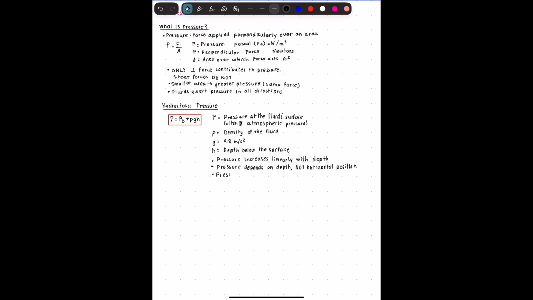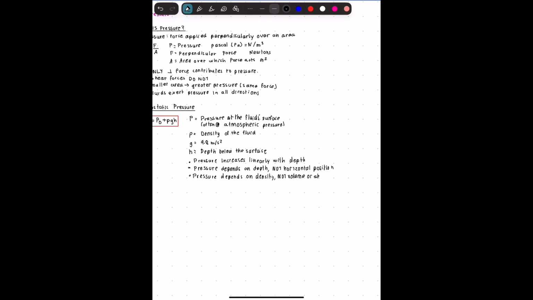Again, pressure depends on density, not the volume or shape of the container.